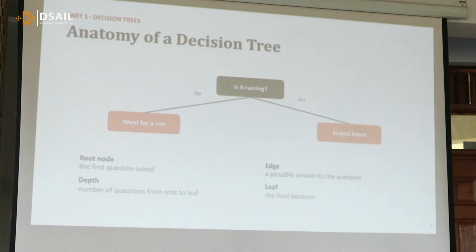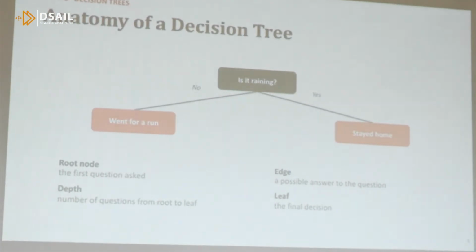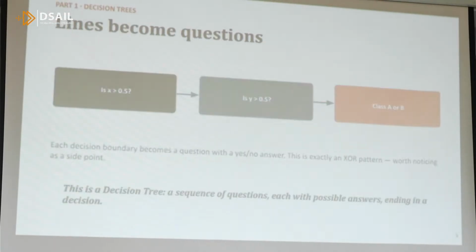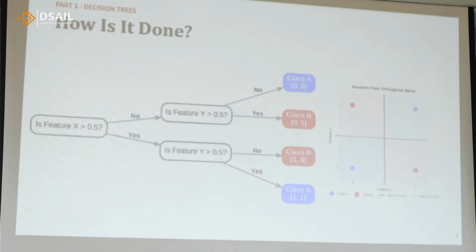And then you will have other nodes along the way. Other nodes along the way are subsequent questions that are asked altogether. And then the leaf node, the last node, is called a leaf, where it's not a question. The decision has been arrived to. You get that point? So in this example, you'll find here it's a y greater than 0.5.